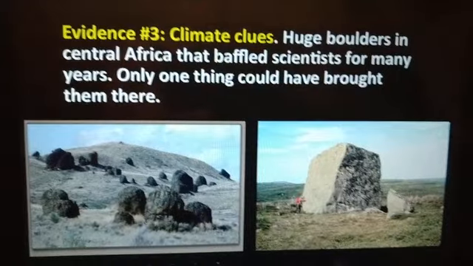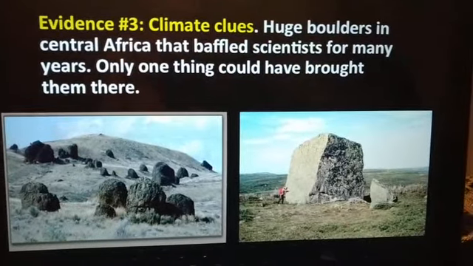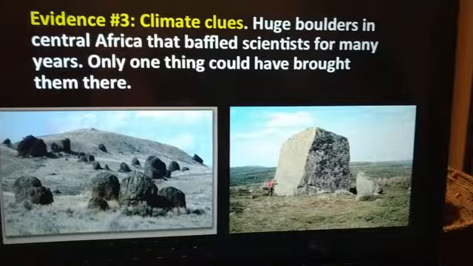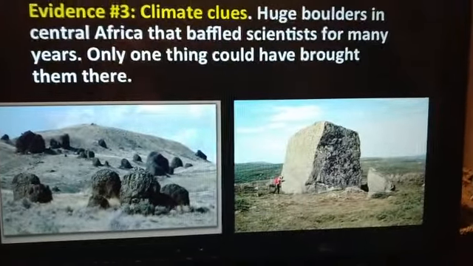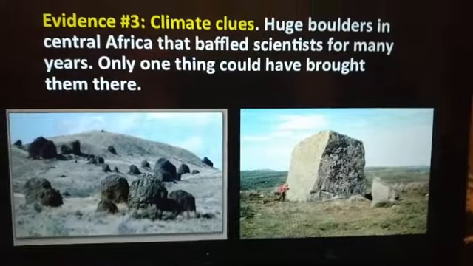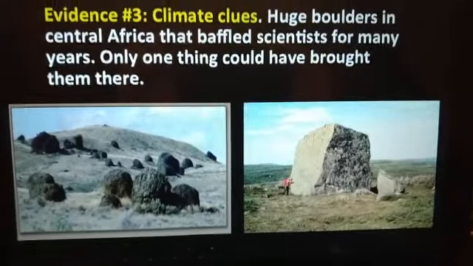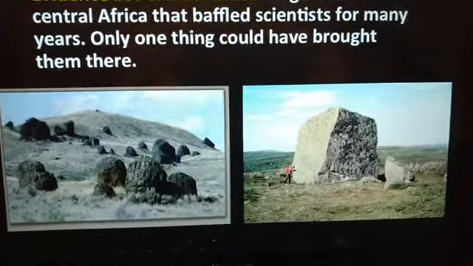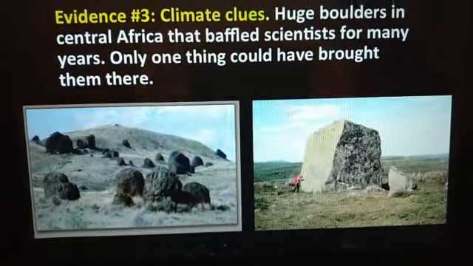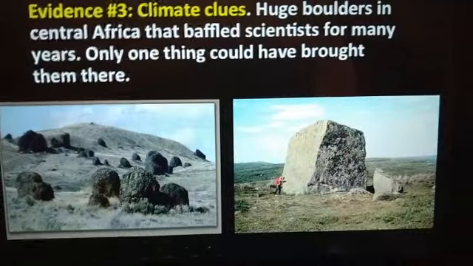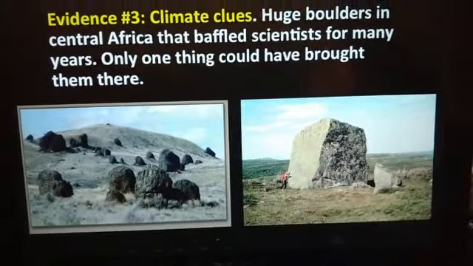In addition, his third point of evidence were what he called climate clues. He discovered these massive boulders laying around in the savannas of Central Africa, and it just doesn't make any sense in a very warm environment to have these big rocks laying around that appear to have been moved around. And of course, the only thing that can move rocks that size would be ice.